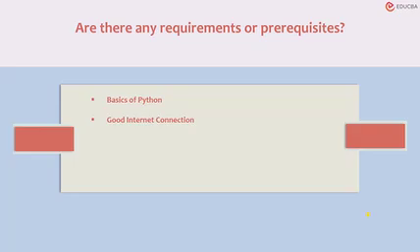Along with that, to understand everything about machine learning models, make sure you have the basics of mathematics, especially vectors and matrices. I'm sure most of you will satisfy these prerequisites.